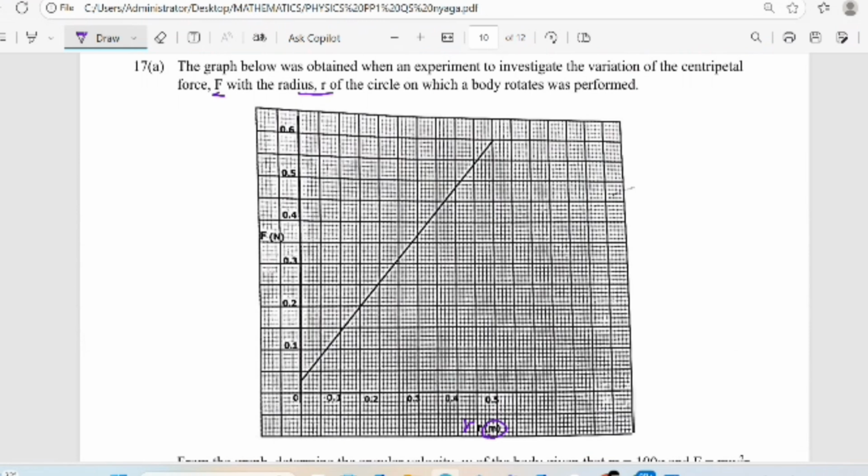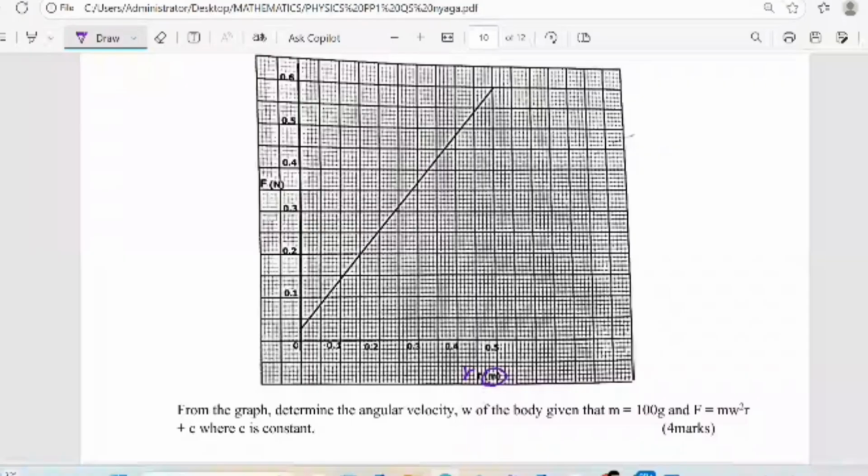from the graph, determine the angular velocity omega when the body, given m, is equal to, in short, the body that is being investigated over here is of 100 grams, and we have this equation: F is equal to m omega squared r plus c.